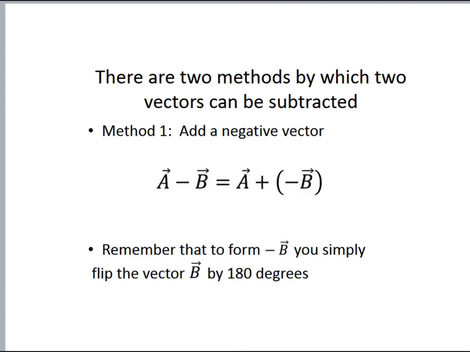And as we've already seen, negative b simply means take your vector b and flip it 180 degrees. So if we flip our vector b by 180 degrees, we get minus b. Just a quick note here, you want to make sure that when you do that, you label it properly, because if you flip a vector, it's no longer b, it's negative b, or whatever letter is representing it.